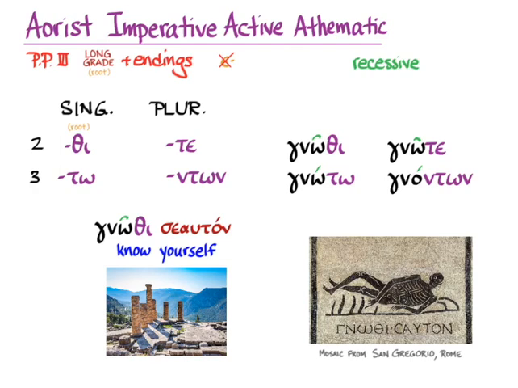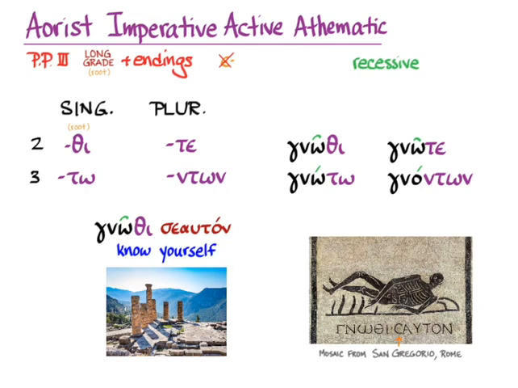So here it is on a mosaic from San Gregorio, the church in Rome, and you can see there that it is the contracted version of seauton. We get gnothi seauton, and don't be freaked out by this sigma. That's called a lunate sigma. It looks like a C, and it's called lunate because it's in the shape of a moon. And you'll see that as an alternative sigma shape quite frequently. So, gnothi seauton, know yourself.